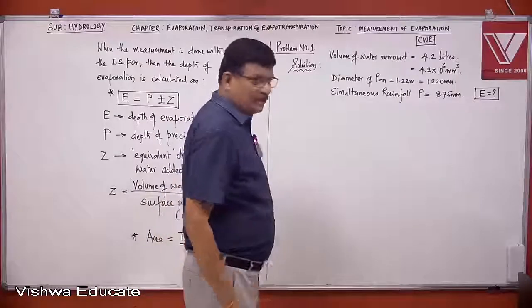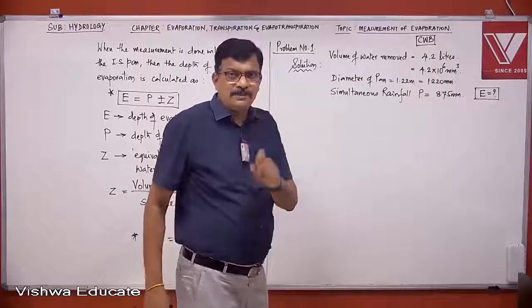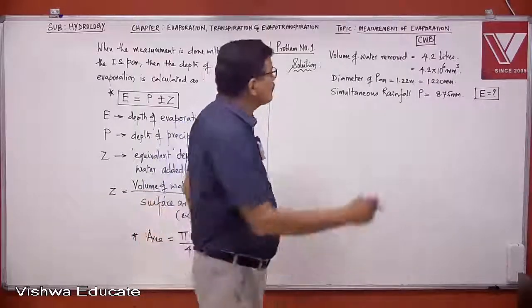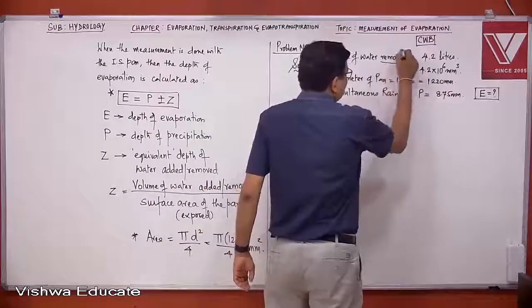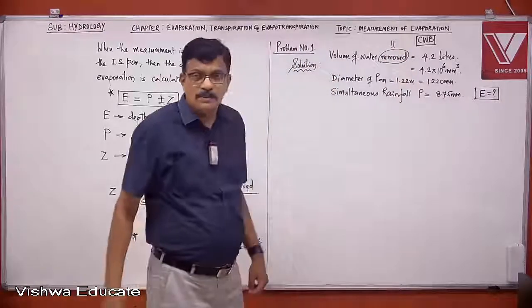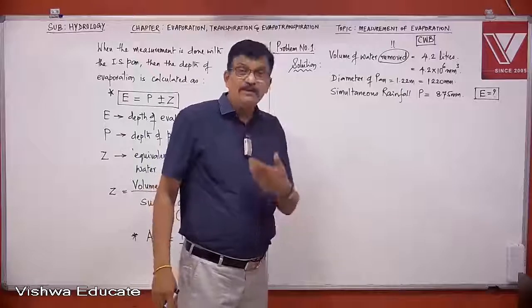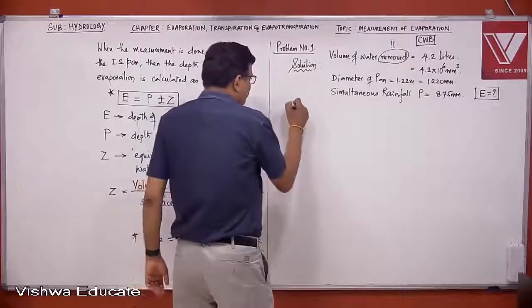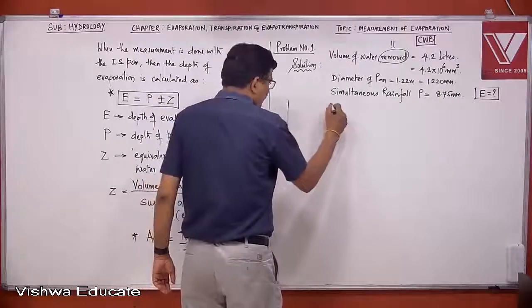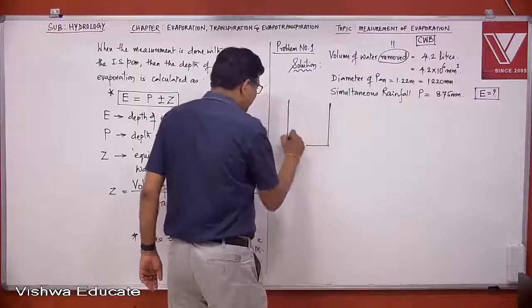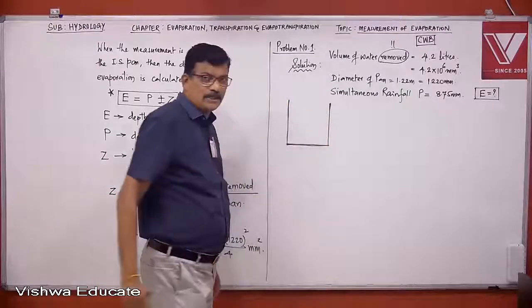So the question comes, we have to understand the dynamics of the working of the pan, the dynamics of measurement. The data says the volume of the water is removed, and the question comes, when do you remove water? Let me explain this through a small sketch. Let us say this is the evaporation pan.